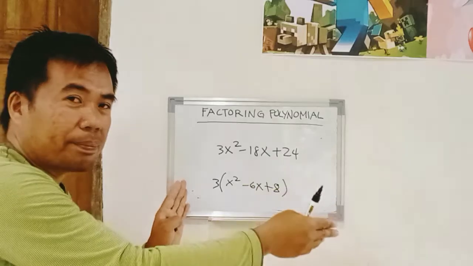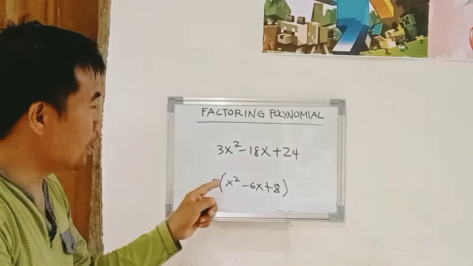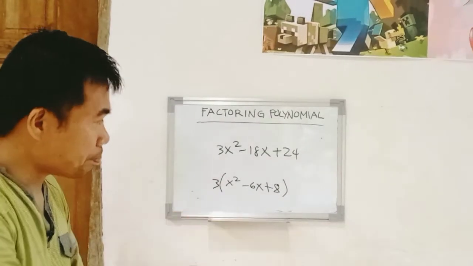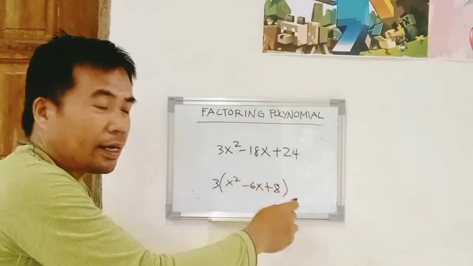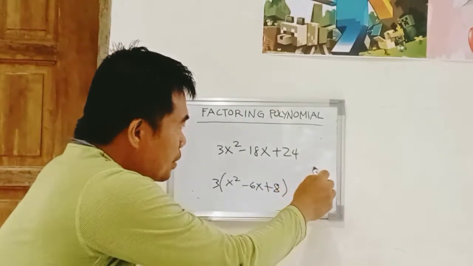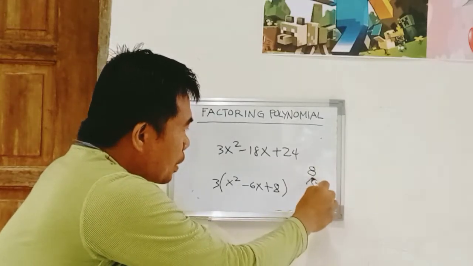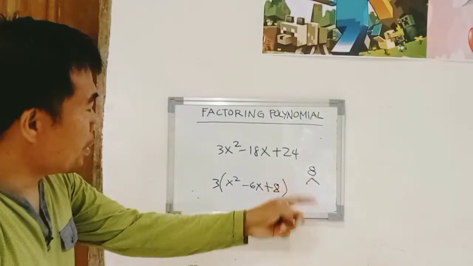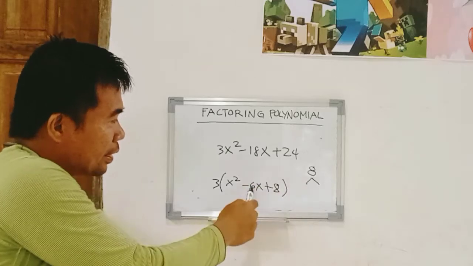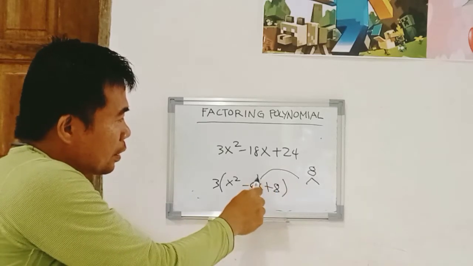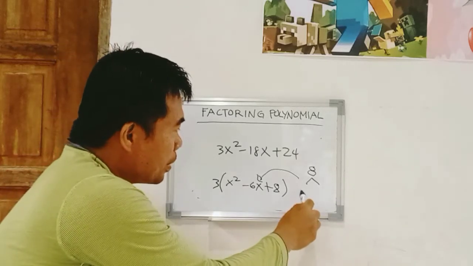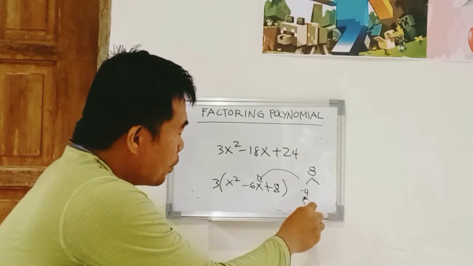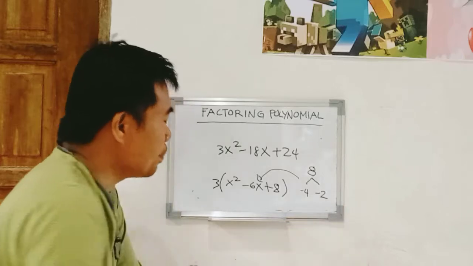For every polynomial with a leading coefficient of 1, we have to find the factors of the last term. So the last term is 8. And the factors of 8 that can result in the second term, minus 6x, could be negative 4 and negative 2.